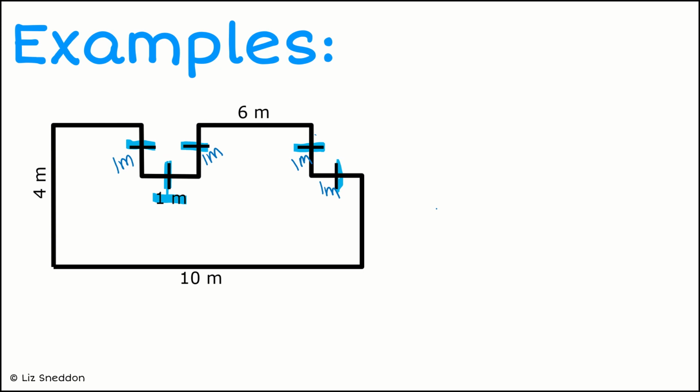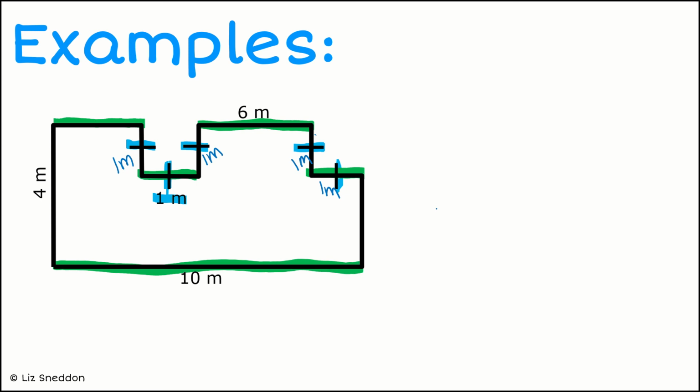Now I've still got a couple of side lengths missing that I haven't figured out yet. So I'm going to change my highlighter to a green. What I'm going to look at now is this horizontal plus this horizontal plus this horizontal plus this horizontal. They are all going to add up to be the same as this horizontal along here.